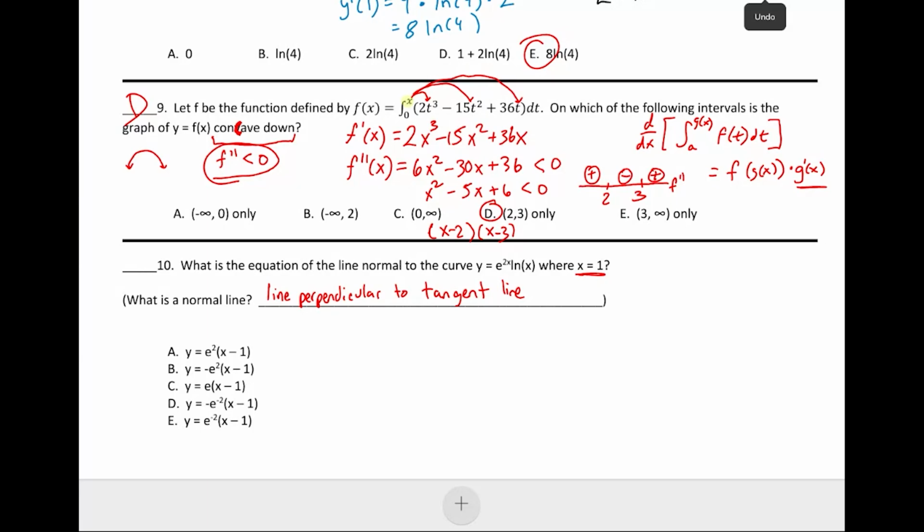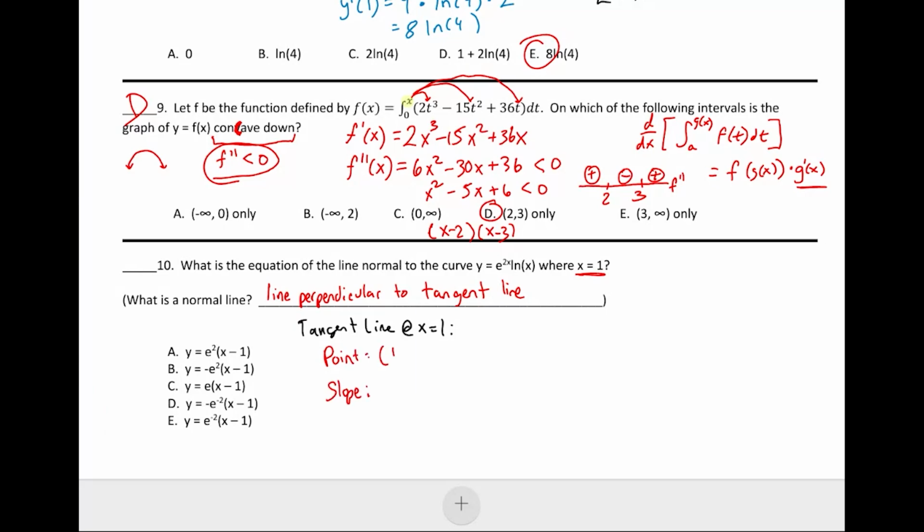Okay, so we're finding the equation of a line. So we need a point and we need a slope. So maybe we'll start with the tangent line, and then we'll move over to the normal line after that. So for the tangent line at x equals 1, we need a point and we need a slope.